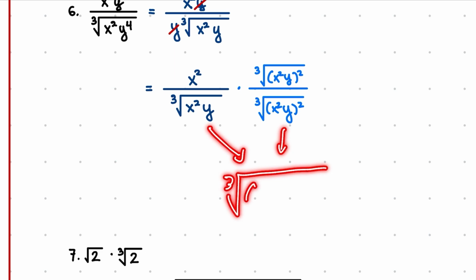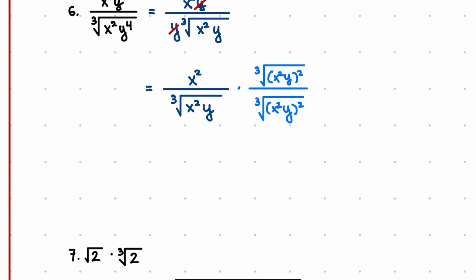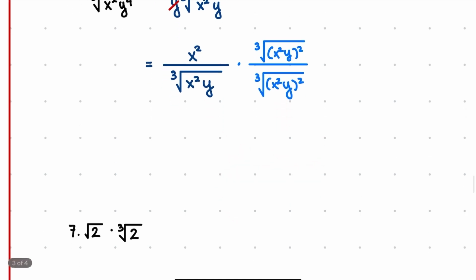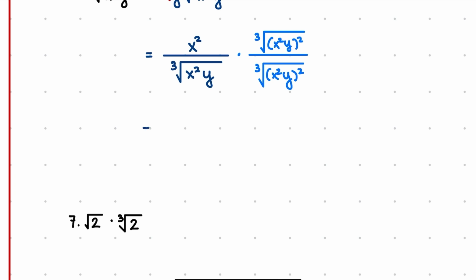So we'll have here x squared y to the 1 plus 2, or 3. And then we can cancel that one out. So to write that one down, in the denominator, we'll just be left with x squared y. And in the numerator, we'll have here x squared, the cube root of, to simplify, x raised to 4 y squared.